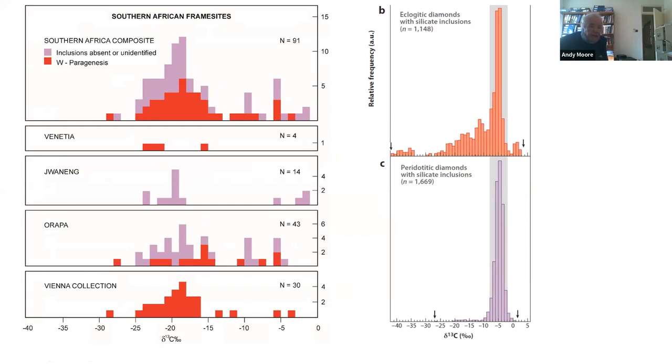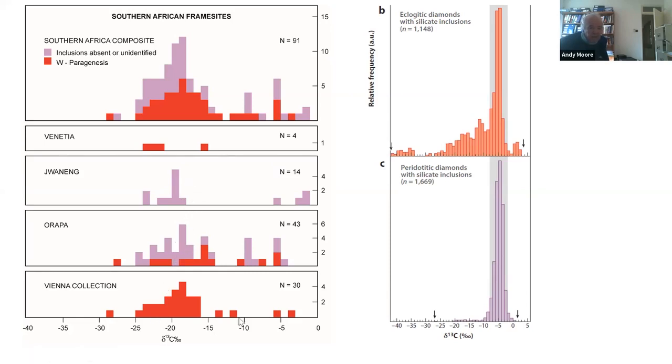And at each of these localities where you've got a significant sample size, the majority are characterized by light carbon isotopic signatures with a peak somewhere around -18 to -20.